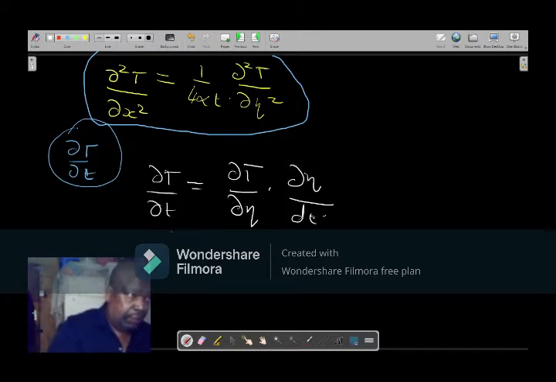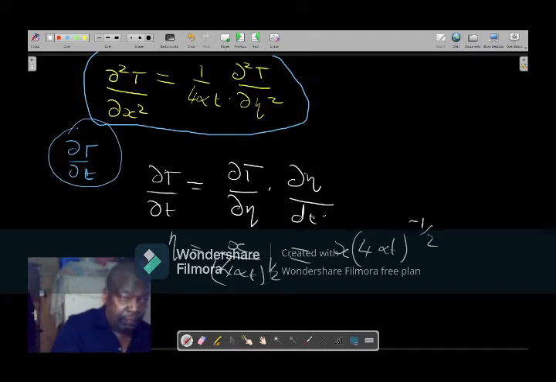So we have eta equal to x over 4 alpha t to the power of a half, which is the same as x over 4 alpha, t raised to the power of negative half.